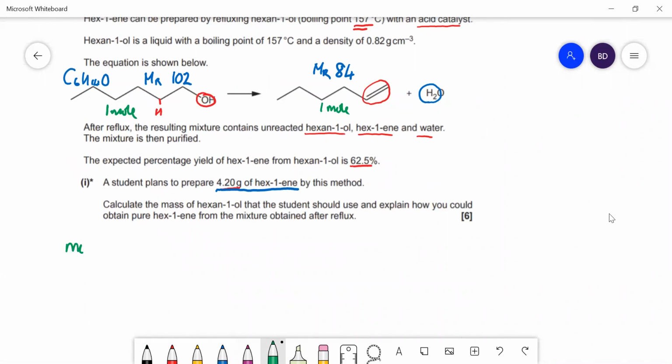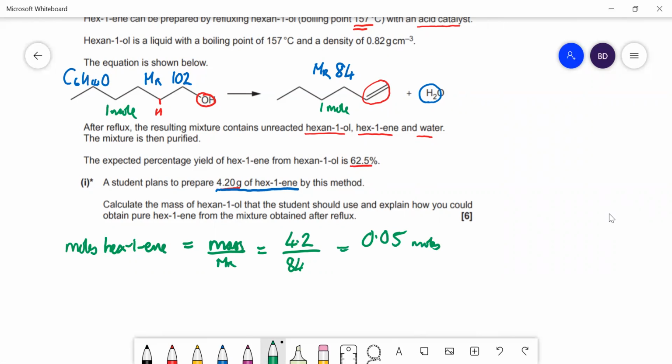Moles of hex-1-ene is equal to mass over Mr. The mass we need is 4.2 grams divided by 84. That gives us 0.05 moles.